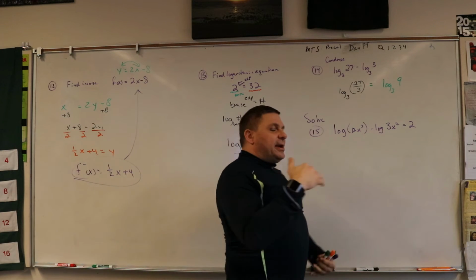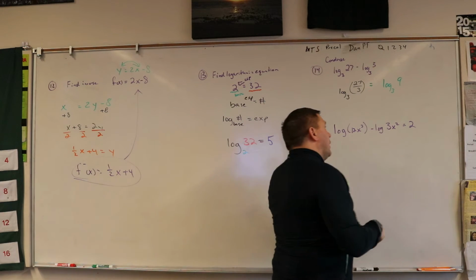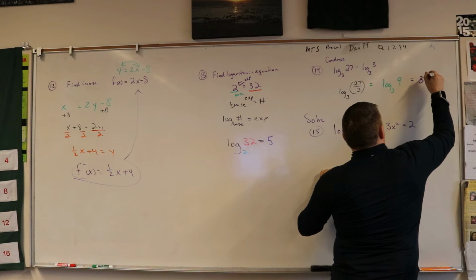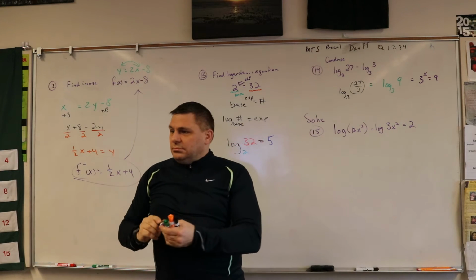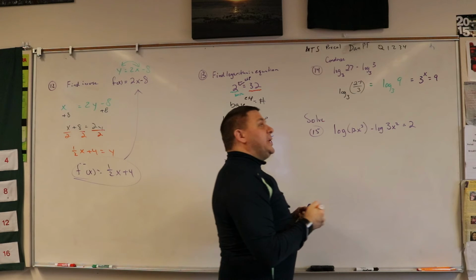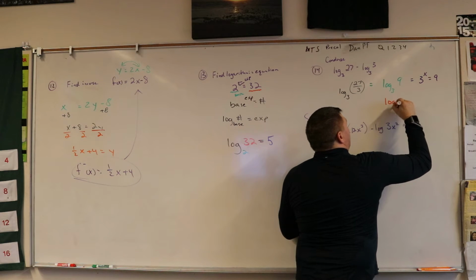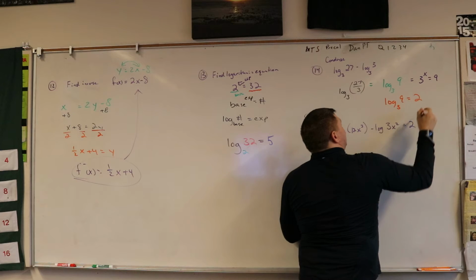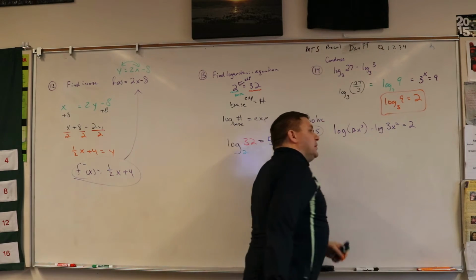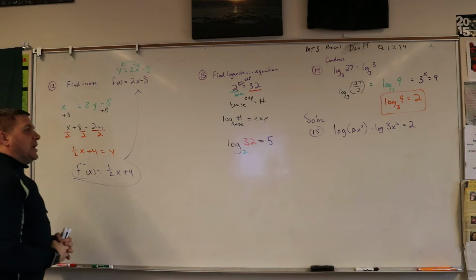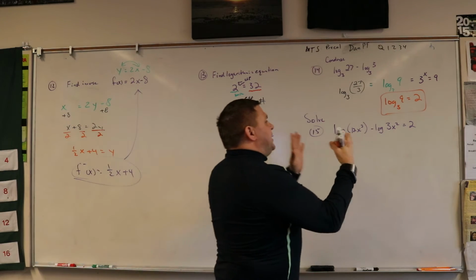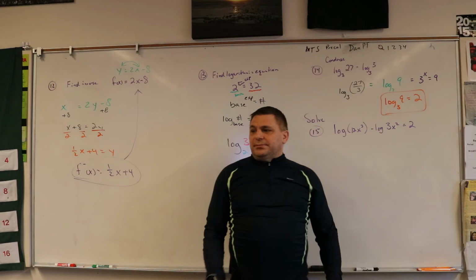And if I thought about that, 3 to what power is equal to 9? Oh, second. Yeah. So log base 3 of 9 is equal to 2. Okay? Alright, so this can condense all the way back down to 2.